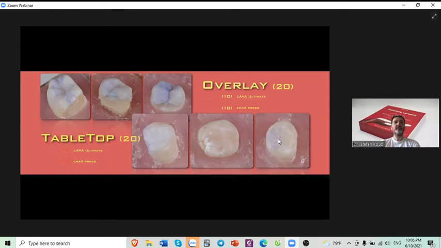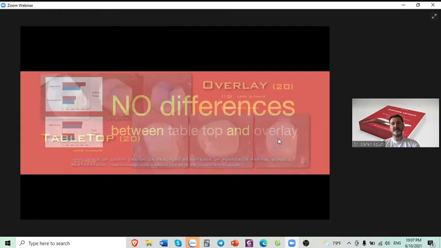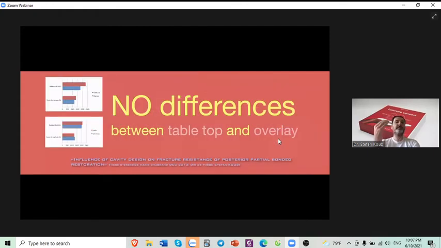We didn't notice statistical differences between the tabletop of 0.5, where we preserve the marginal ridge, and the 1.5 overlay, where we destroy the marginal ridge. So what I want to tell you in terms of fracture resistance is, why would you want me to destroy the marginal ridge if I can get the same mechanical efficiency keeping it? This is one of the bases of our concept.